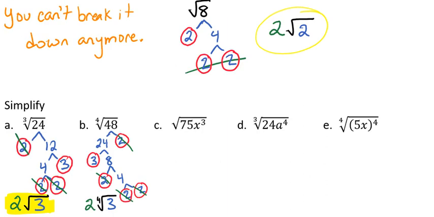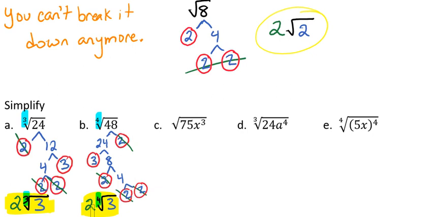If you look at the last problem we did, we left off the 3, and that changes your answer completely. So you have to make sure that you write that number so that you're giving the complete answer. So for B, we have 2 times the fourth root of 3 as our simplified solution.